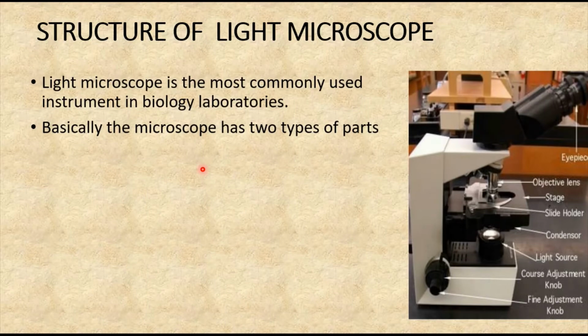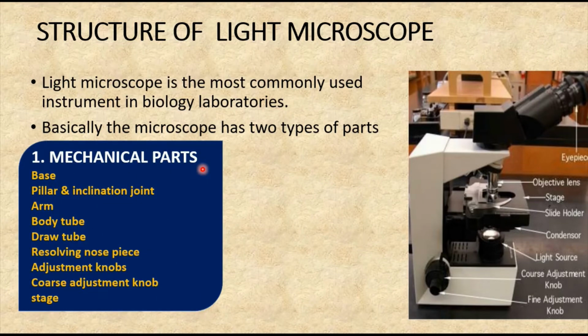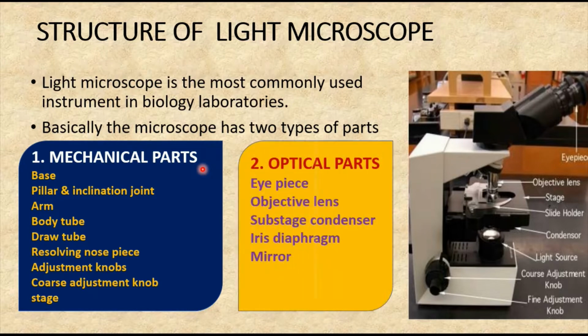Basically, the microscope has two types of parts. How many parts are there? They are classified into two main parts. What are the two main parts? Number one is the mechanical part, and number two is the optical part.